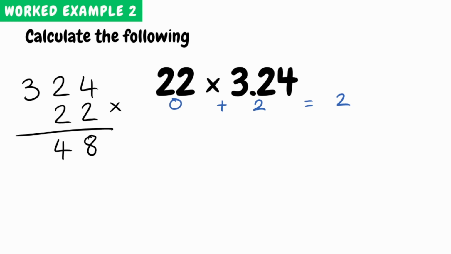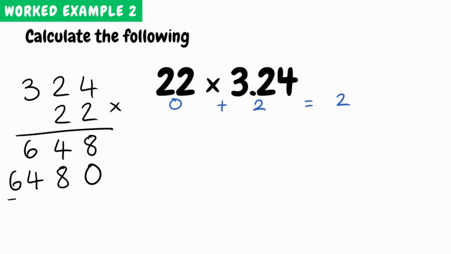And then we've got 2 times the 3, which gives us 6. And then we're moving over to the second 2. Because we're moving over to the tens column, we need a placeholder in the units. We're then doing 2 multiplied by 4, which gives us 8. We then do 2 times 2, which gives us 4. And then we've got 2 multiplied by the 3, which is going to give us 6.